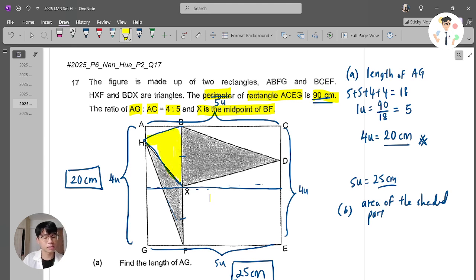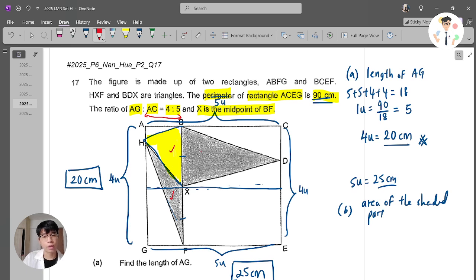Is this still the same thing? This shaded part and this yellow color part are actually the same thing. Why? Because they share the same base and the same height. Remember, this is base, this is height, this is triangle. So it's actually half of this part.